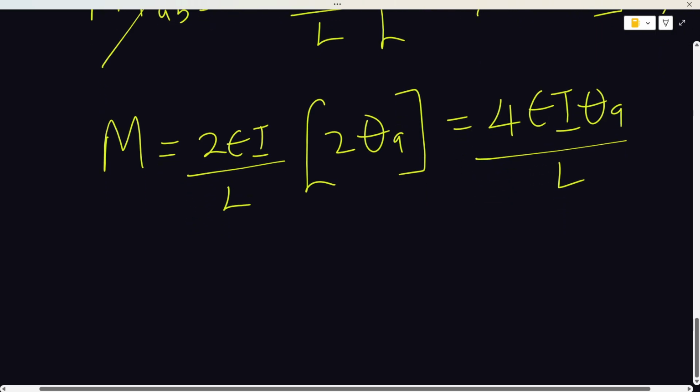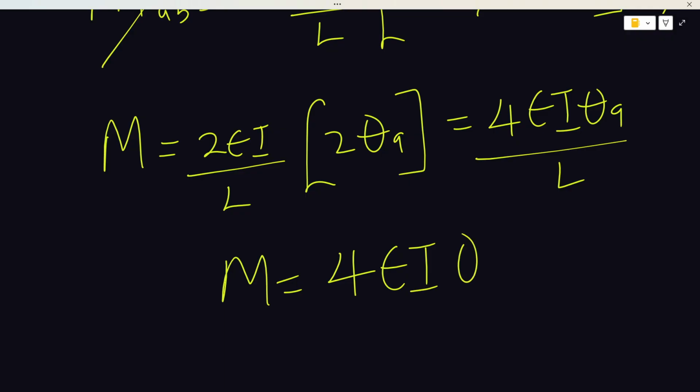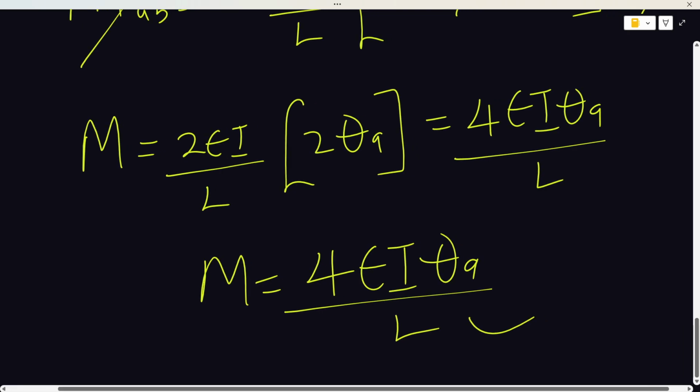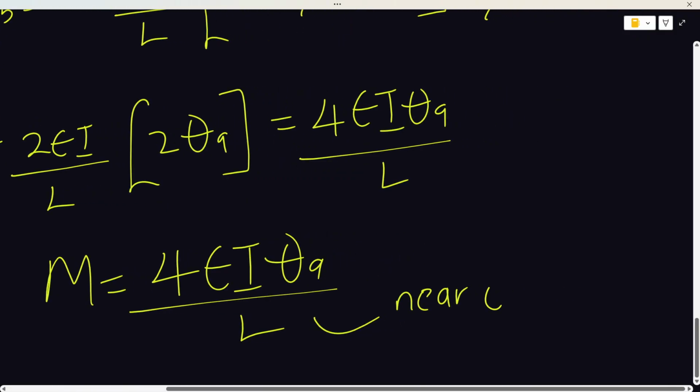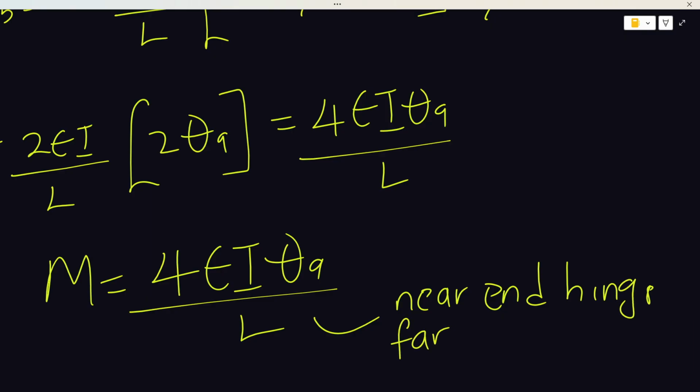Now this M is the expression for the moment applied at A, where the near end is hinged and the far end is fixed. Near end hinged, far end fixed.